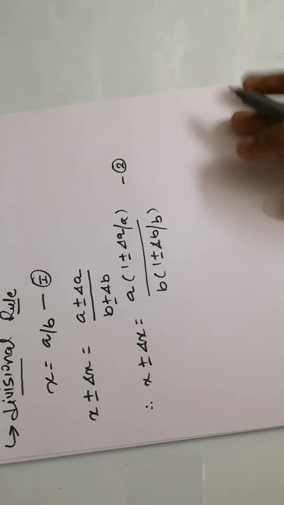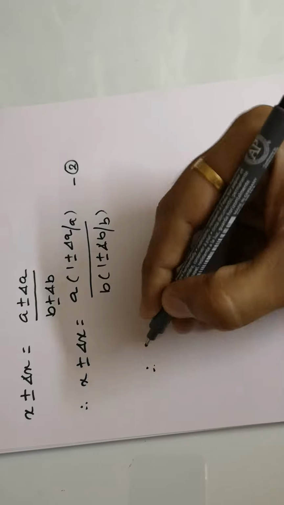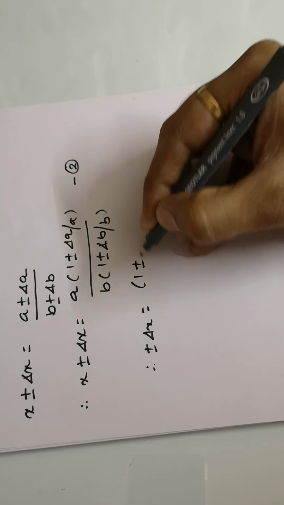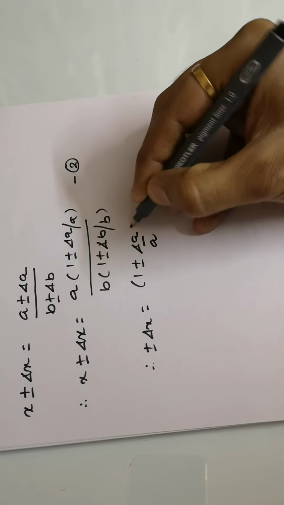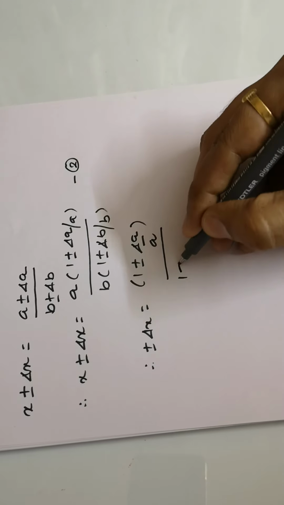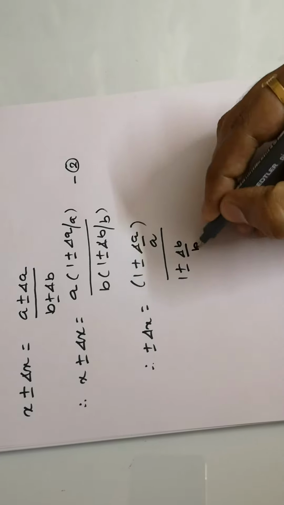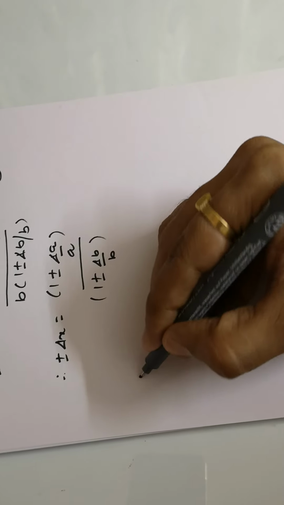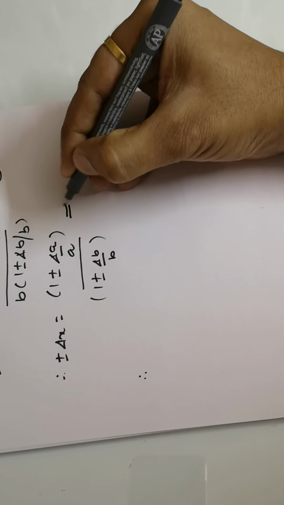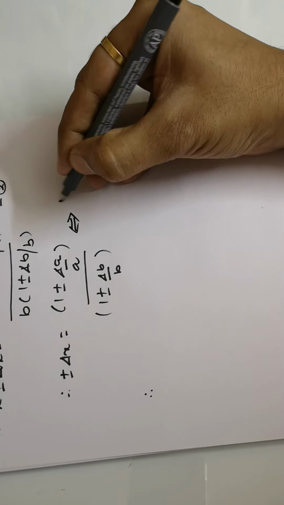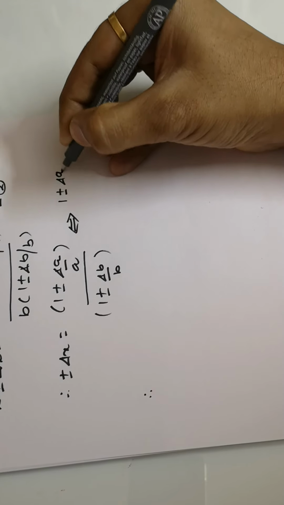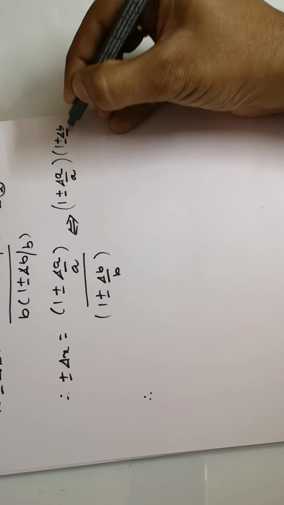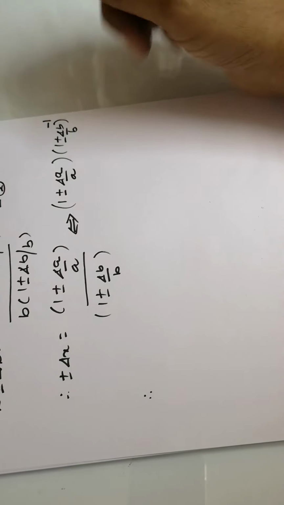Let's say equation number 1 contains a by b. A by b and x can be cancelled out. So I may have 1 plus or minus delta x by x equals 1 plus or minus delta a by a divided by 1 plus or minus delta b by b. For simplicity, we can also write this as 1 plus or minus delta a by a times 1 plus or minus delta b by b raised to minus 1.